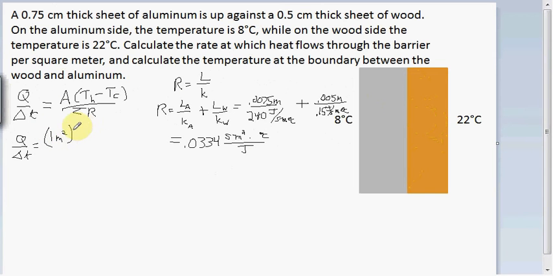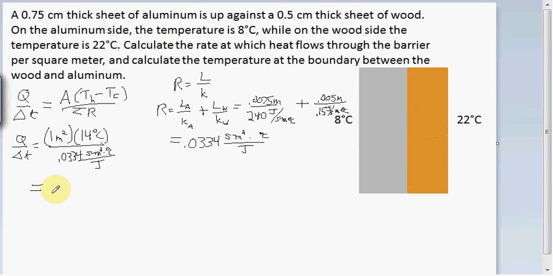And T hot minus T cold, well, it's 22 there, it's 8 there, so the difference is 14, divided by my R value, which is 0.0334 second meters squared degrees Celsius per joule. Notice how the units work out here. The meters squared cancel, the degrees Celsius cancel. I'm left with joules per second, which is what we're expecting, since we're calculating energy per time.